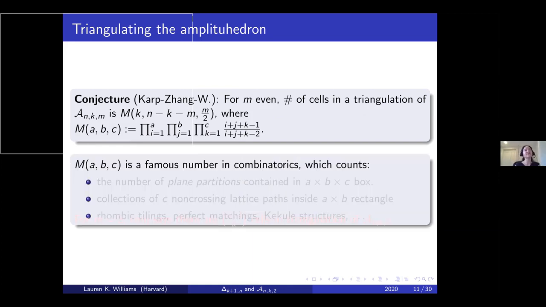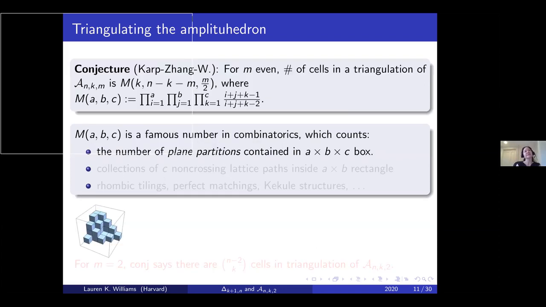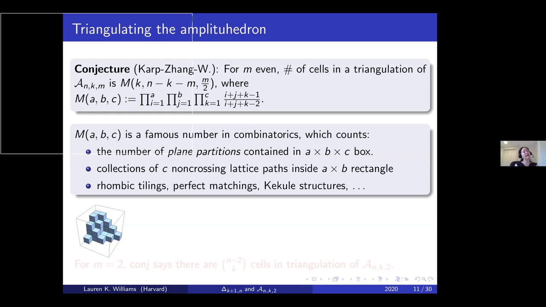And this is a very striking number in combinatorics. It counts the number of plane partitions contained in an A by B by C box. There's a picture up there. It also counts collections of C non-crossing lattice paths in an A by B rectangle. It also counts rhombic tilings, perfect matchings, K-Coulé structures.